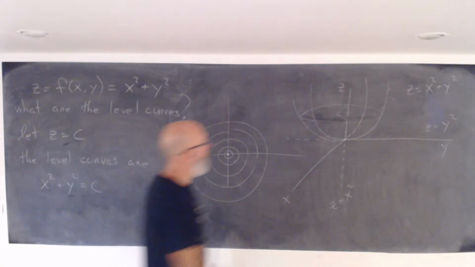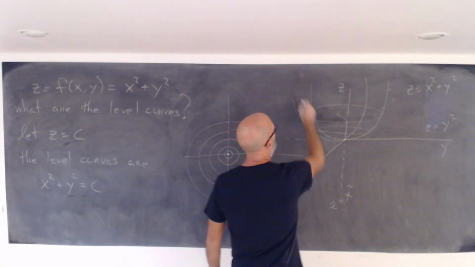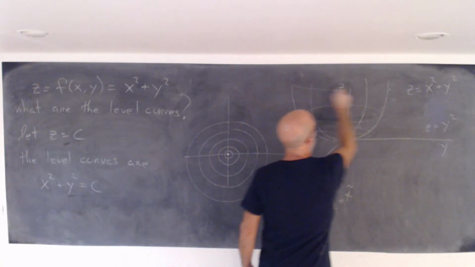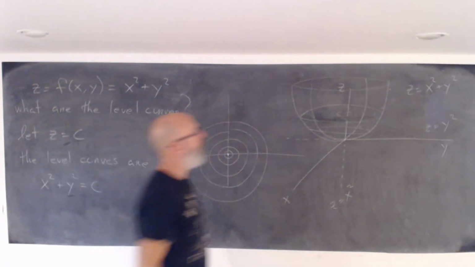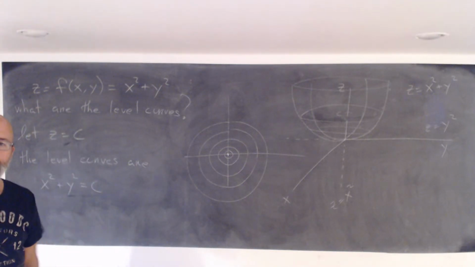You put everything together using circles. So you get this kind of bowl shape.